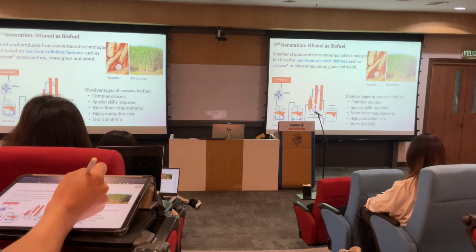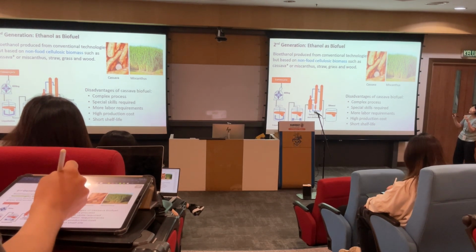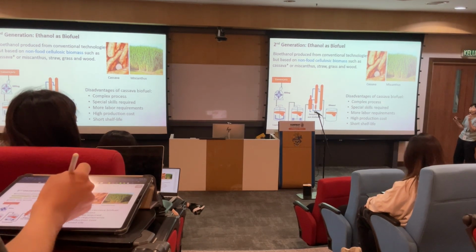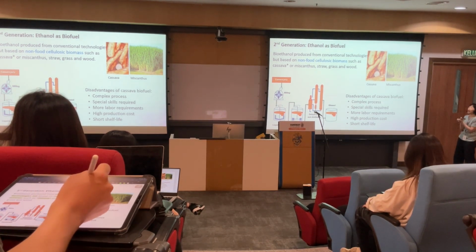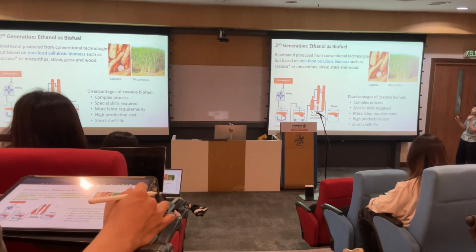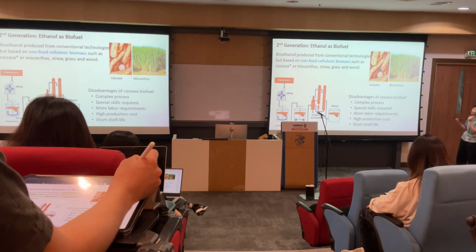However, there's also a drawback, because in order to process this, you have complex processes. It's not like sugarcane, where you easily get the sugar out. This has a very minimal amount of sugar. So in order to extract the sugar, the process is very complex.